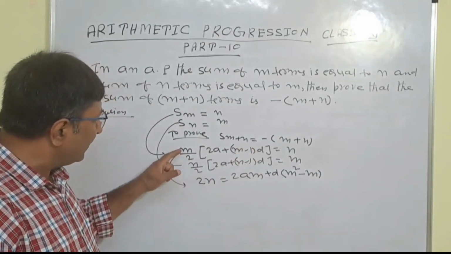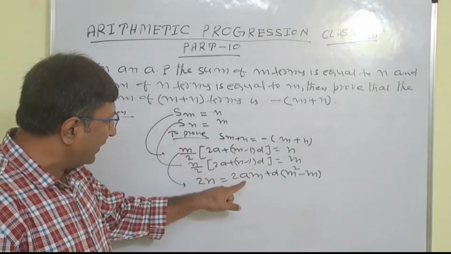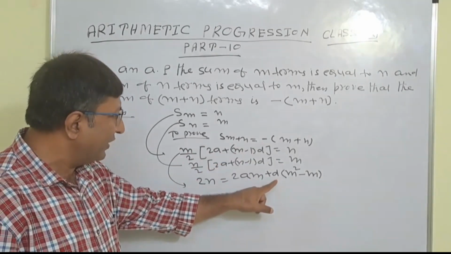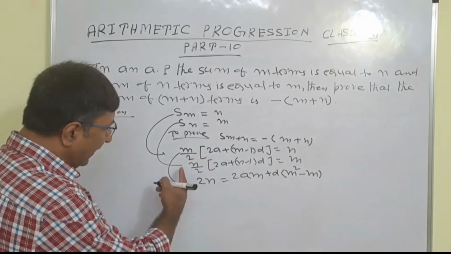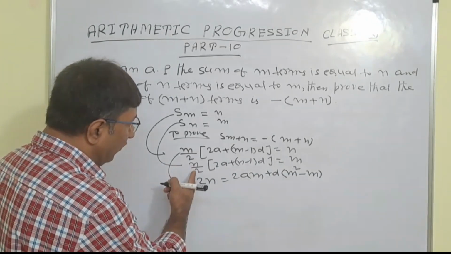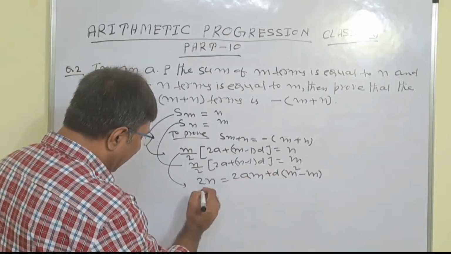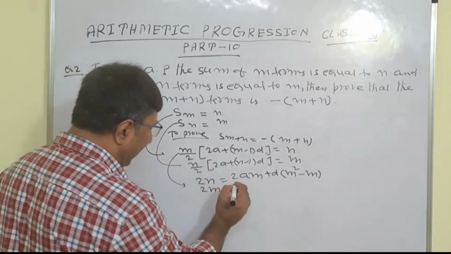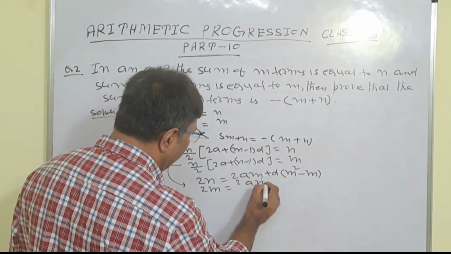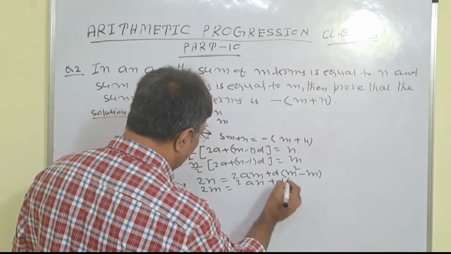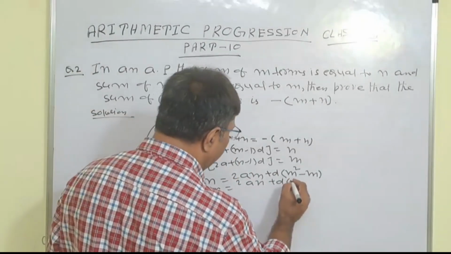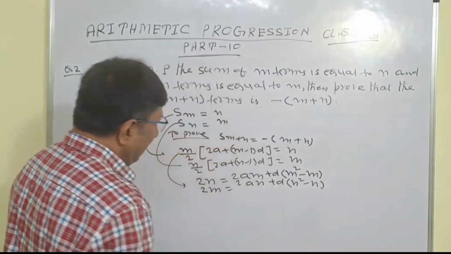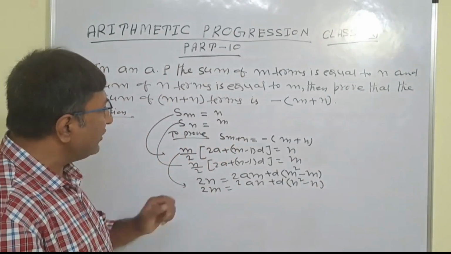So from this equation, m into 2a, 2am, plus (m square minus m) d equal to 2n. Similarly, from the second, 2m equal to 2an plus d into (n square minus n), right? So this is 2n and this is 2m.